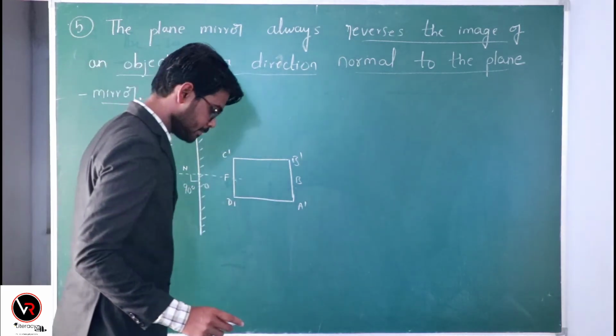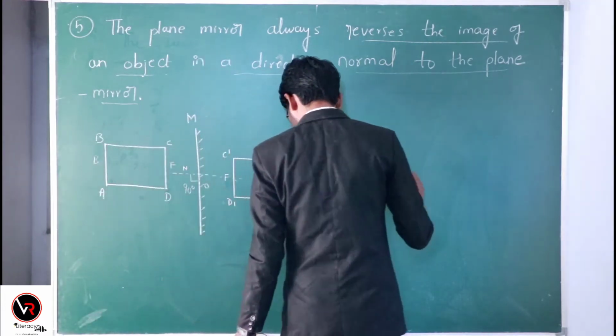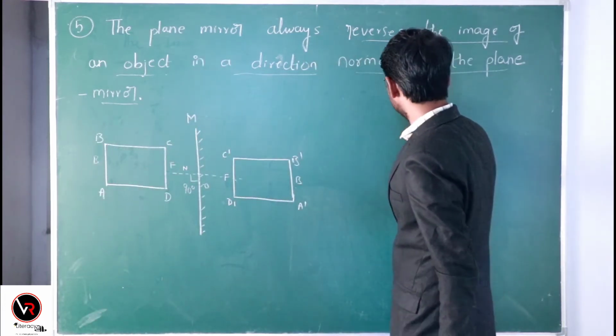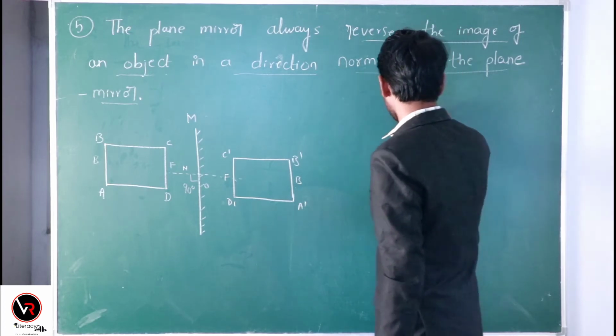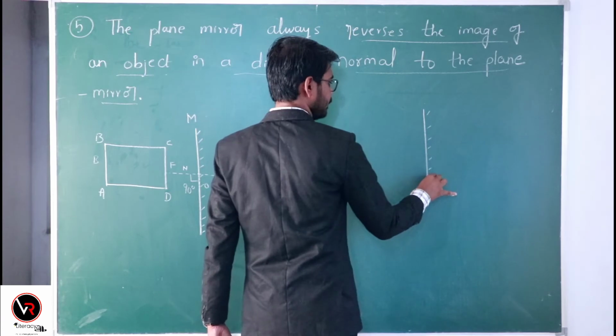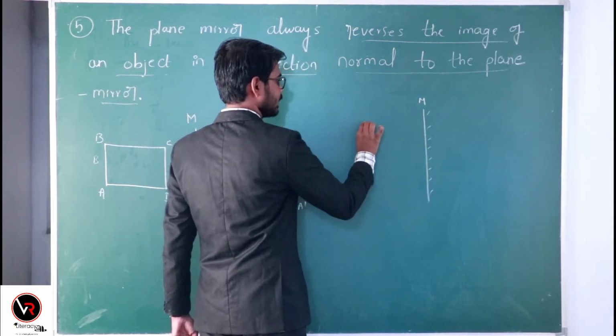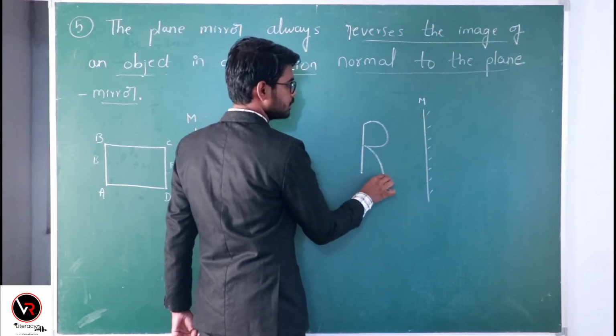Let me explain this with the help of another example. So this is the plane mirror M. Let us consider the capital letter R as the object.